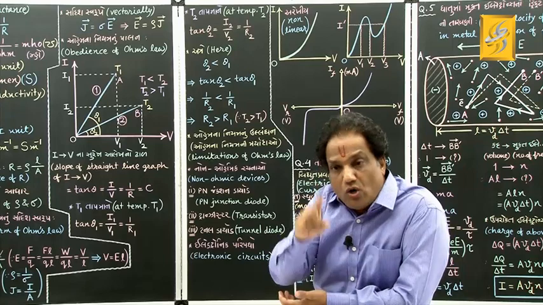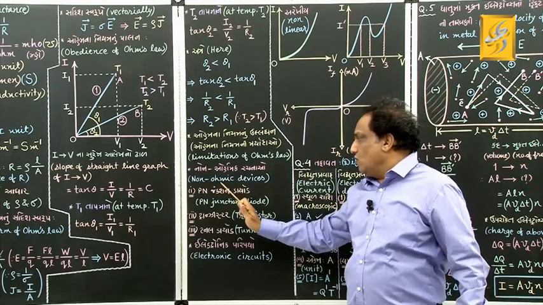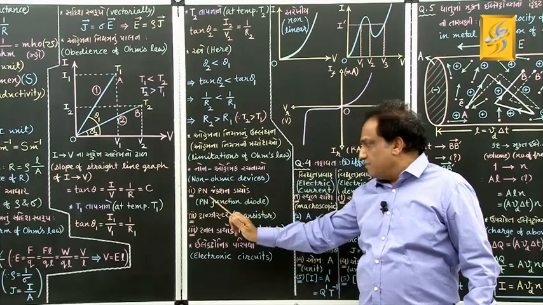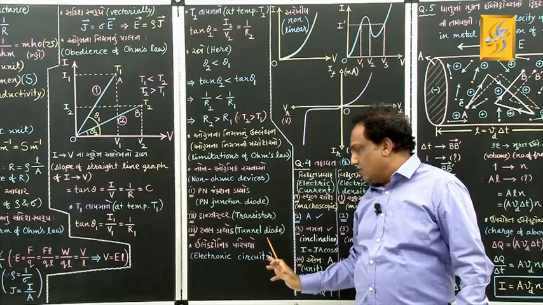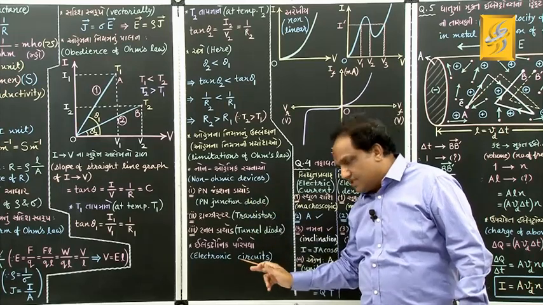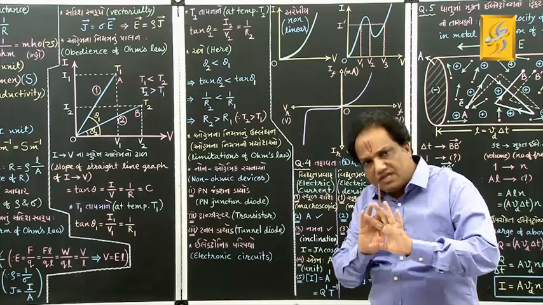That is why they are called non-ohmic devices. I have written here, non-ohmic devices. For example, PN junction diode, transistor and tunnel diode, correct? For all these devices, if you plot a graph of I versus V, then it is not a straight line.